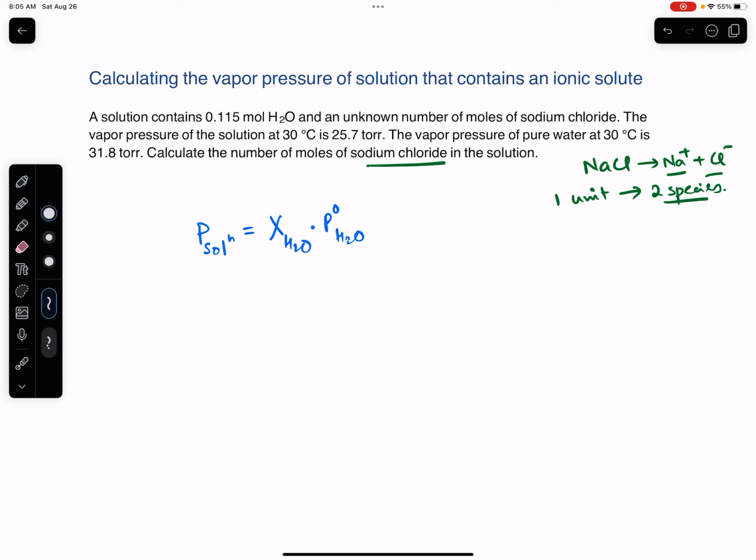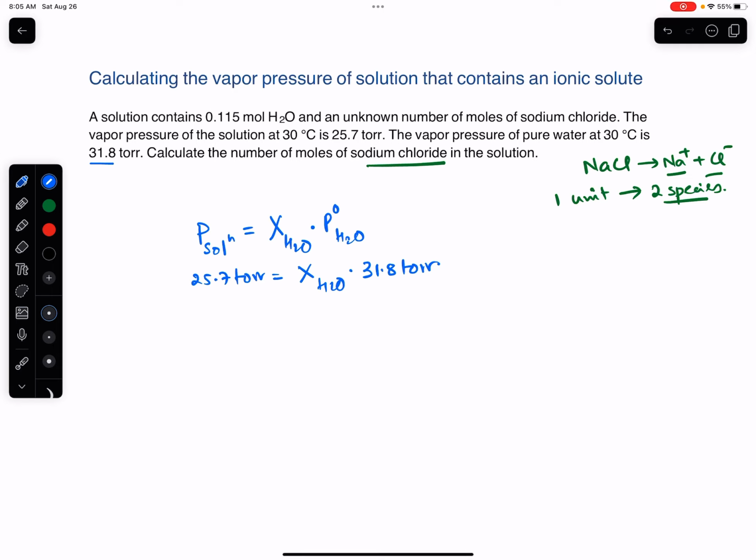So we'll plug the values in from the problem. The vapor pressure of the solution is 25.7 torr. We're solving for the mole fraction of water, so we'll keep that as is. And the vapor pressure of pure water is given as 31.8 torr.